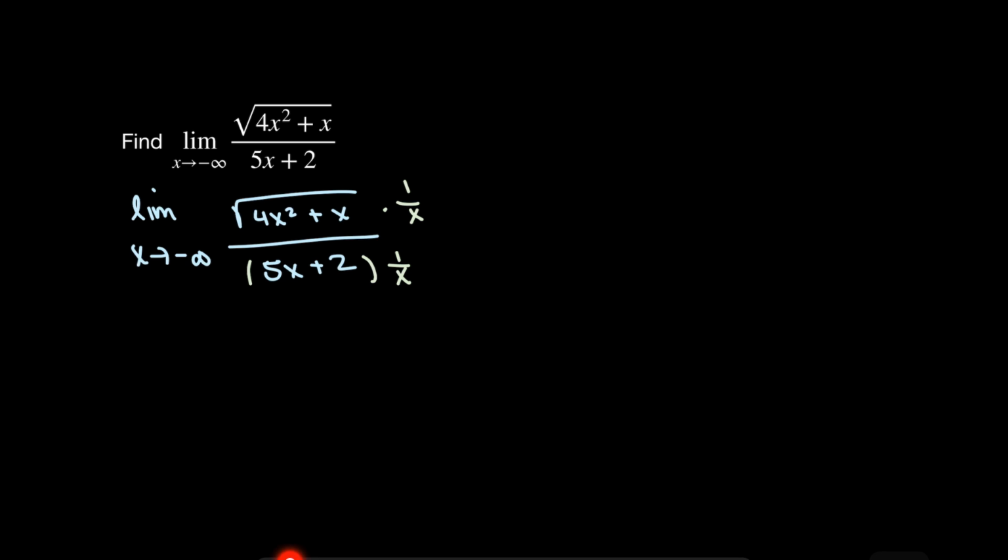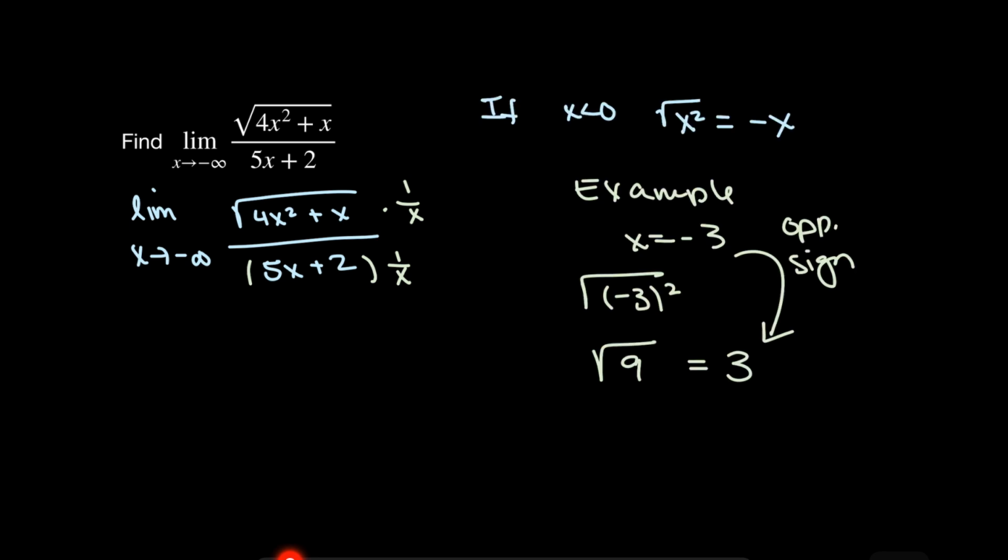If I were to plug in the negative infinity, I still have something of the form infinity over infinity. I still want to take that largest power of x in the denominator, divide everything by that. The piece that changes is if x is negative going to negative infinity. If x is less than 0, the square root of x squared is actually negative x.